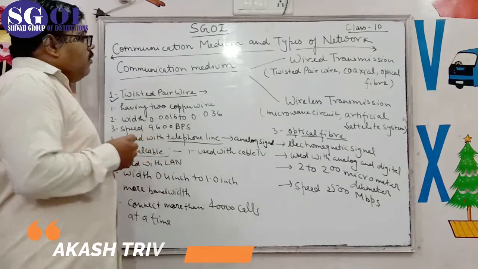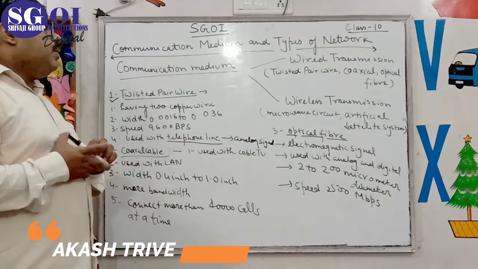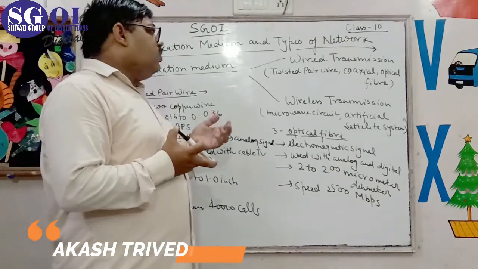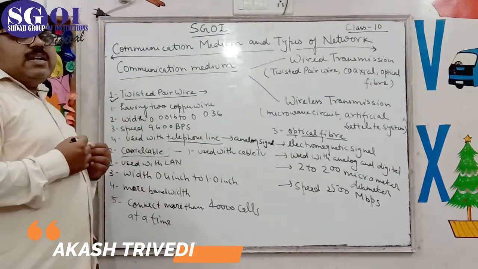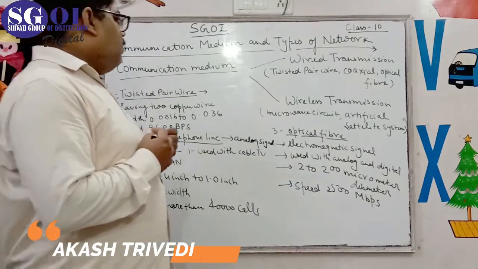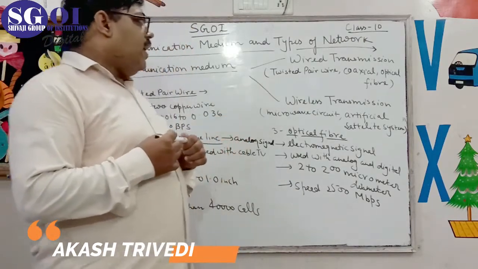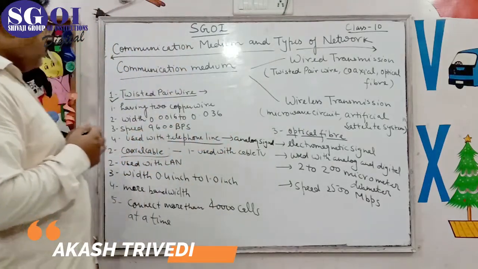You know, when we go for communication, we use different types of wires. These wires connect the transmitter to the receiver, and with the help of these wires we can send our data. These wires are known as twisted pair wire, coaxial cable and optical fiber.